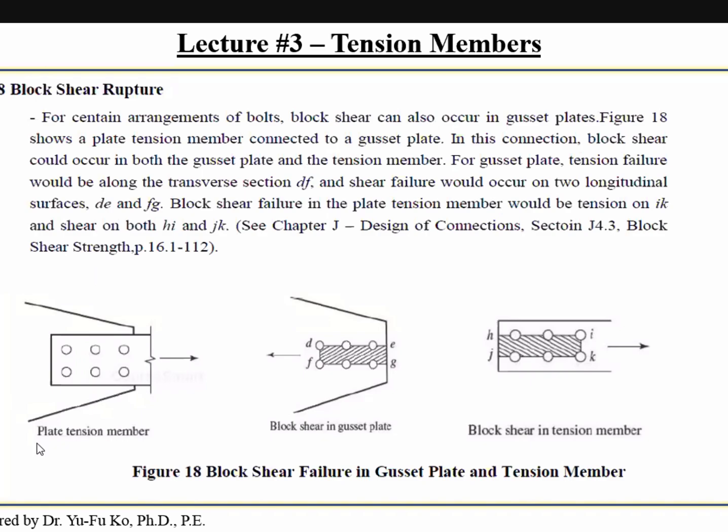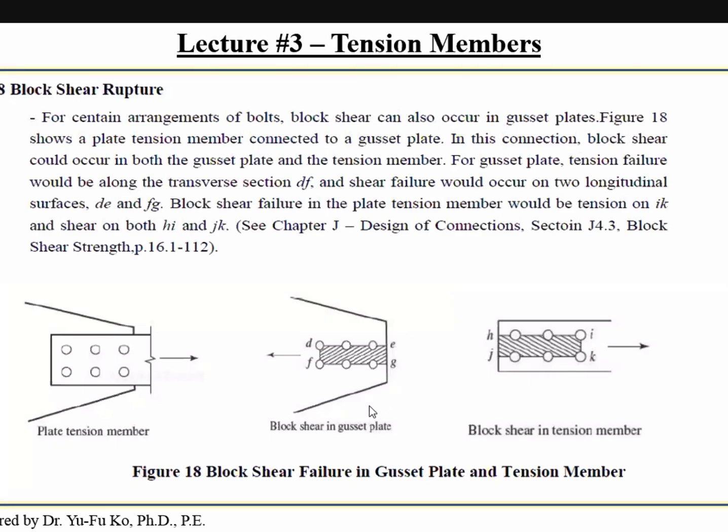So if you encounter these cases, you need to check both: the block shear in the gusset plate as well as the block shear in the tension member. And you need to discuss which one governs the block shear rupture for this whole connection, including the gusset plate and the tension member. So please be careful about this.